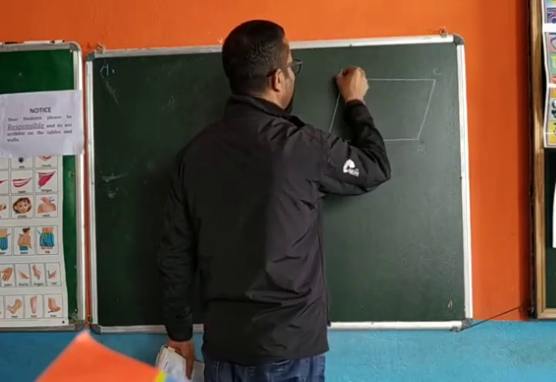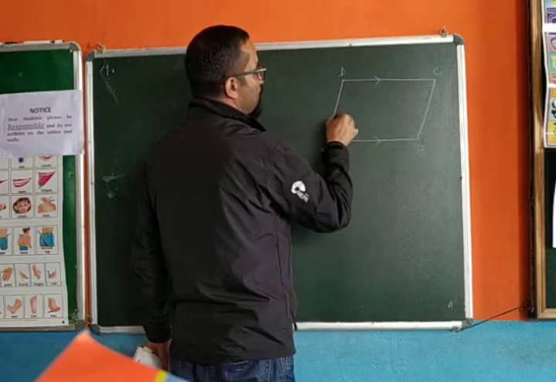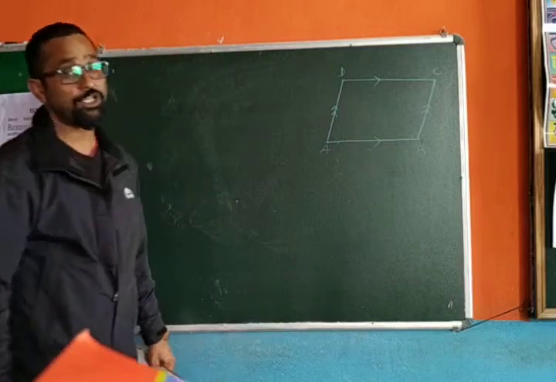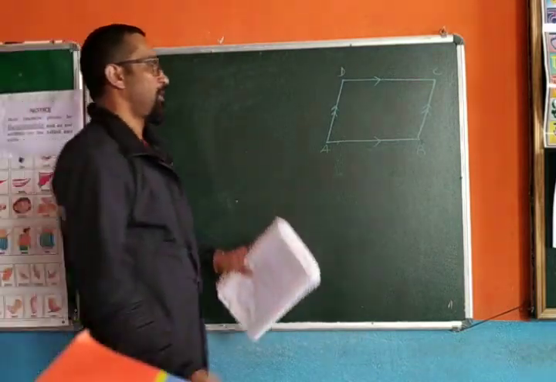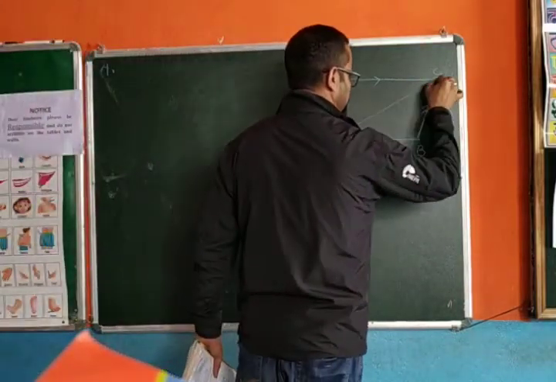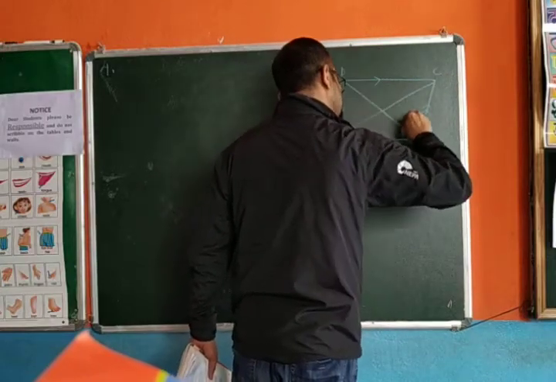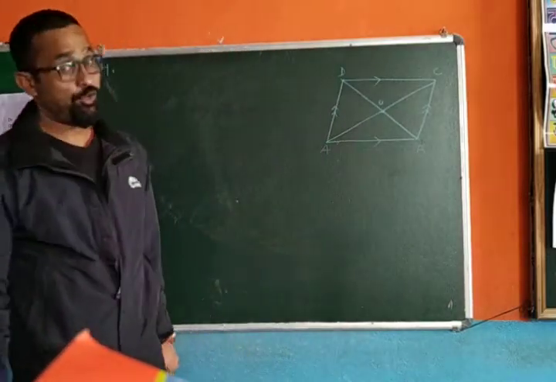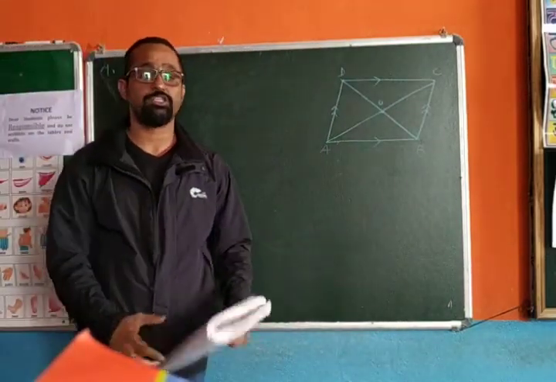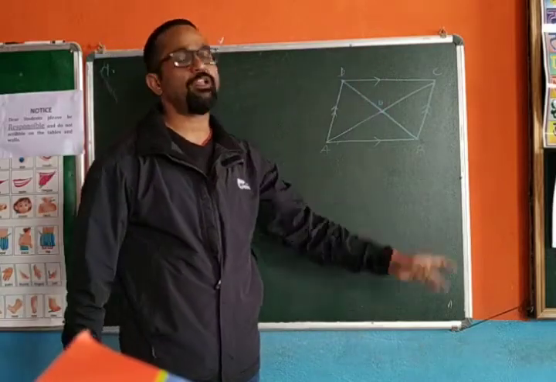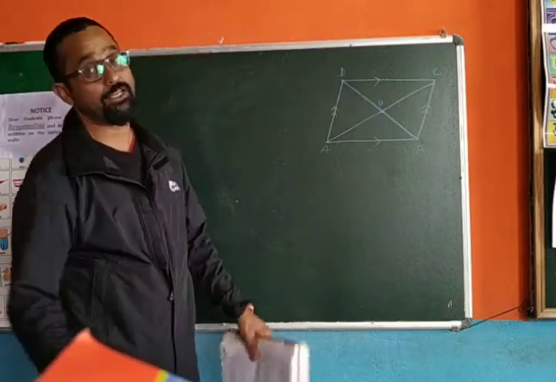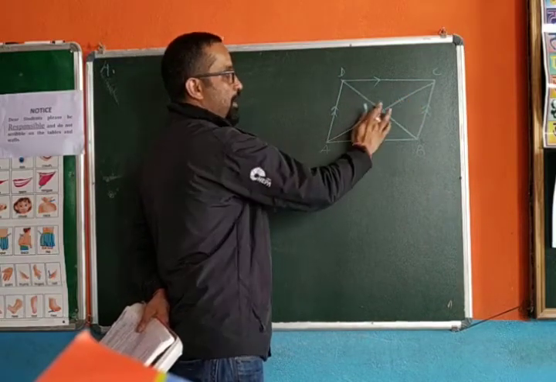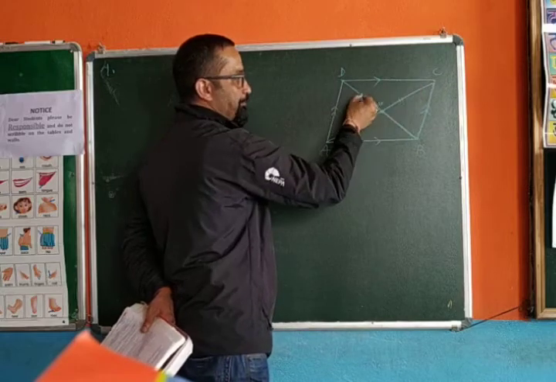ABCD is a parallelogram. And you know the properties of parallelogram. The sides are parallel and equal to each other. Diagonals AC and BD intersect each other at O. And you know the property of diagonals. Diagonals of a parallelogram intersect each other in equal halves. AO is equal to OC.